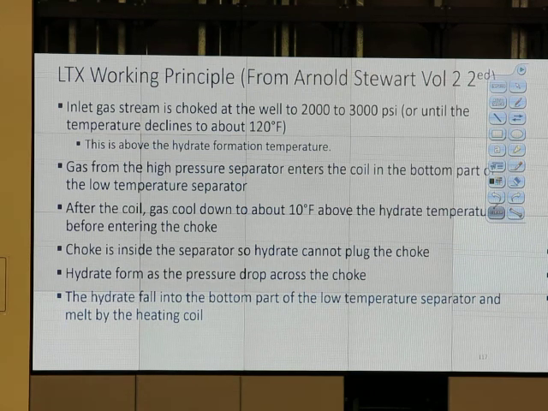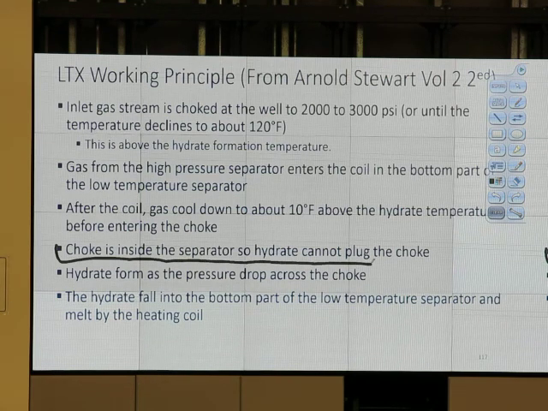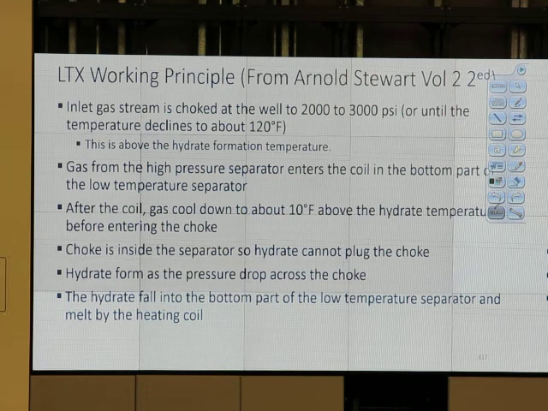You want to add something more? No? So the choke is inside the separator, so hydrate cannot plug the choke. Good design, right? We put the choke inside the separator and the hydrate that forms will be melted by using the hot gas stream.